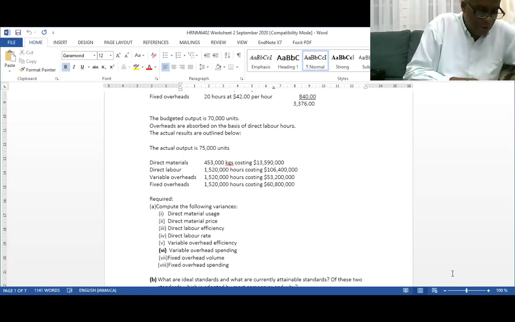That rate per hour, we call it standard rate per hour, but you can call it variable overhead absorption rate. That's a standard rate per hour. Variable overhead absorption rate.